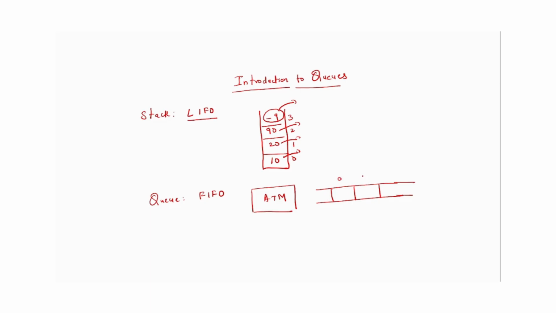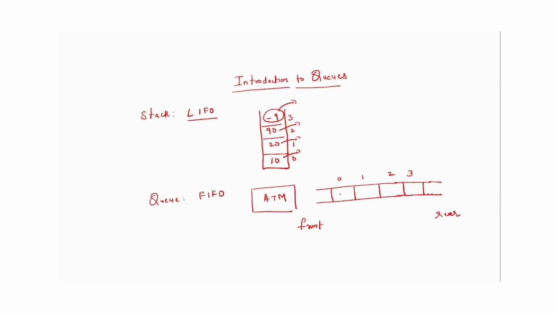So here is 0, 1, 2, and 3. Right, as you can clearly see, queue is open from the front and open from the rear here. So this is called the front of a queue, and this is called the rear of a queue. Correct?